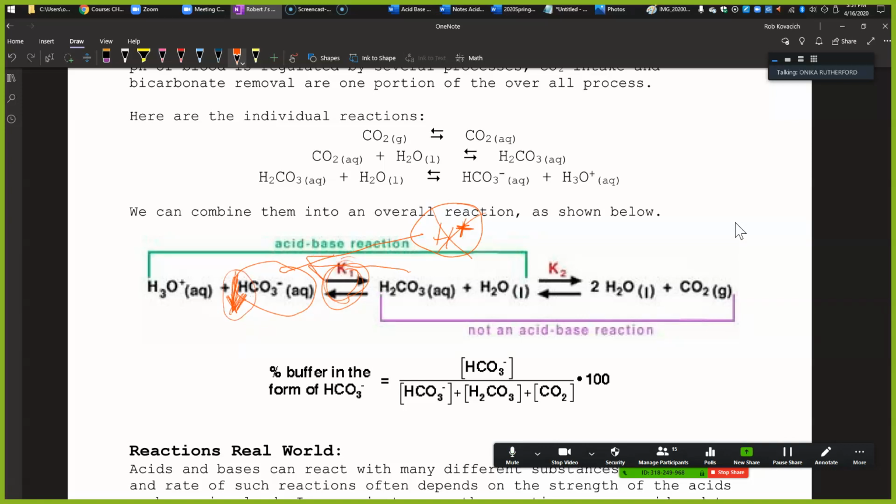So now this thing went down and this thing went down. So what happens to this equilibrium? It shifts in that direction. So the carbon dioxide gas that you would normally breathe out, you wouldn't. You would keep it in your system.